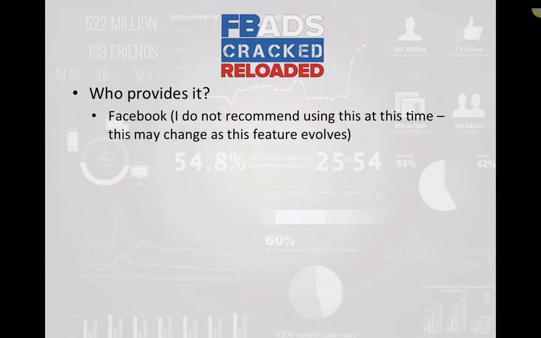So who provides it? Facebook. Depending on what mood they're in, they have an actual custom audience basically for retargeting. You set a pixel up on your actual website, or you set something up within Facebook, it registers and they're letting you use your own pixel. Now, the Facebook conversion pixel itself doesn't fire correctly for people that share an actual dark post or a newsfeed ad or promote a post and then somebody else buys.